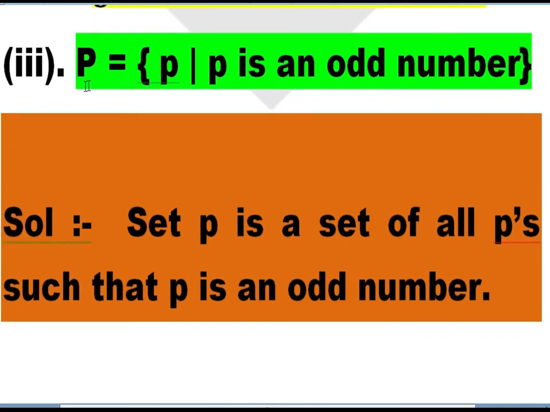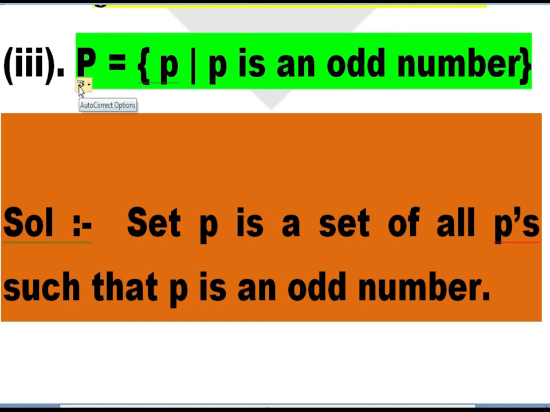Question number 3. P is equal to the set of p such that p is an odd number. How to read this? This symbol is called such that, and this is your set.